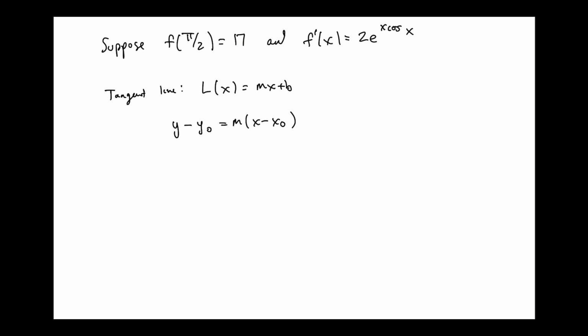Now, what's the slope going to be given by? The derivative. Now, we know the derivative, but we just need to plug pi halves into it. Okay, so here's where, what is cosine of pi halves? 0.